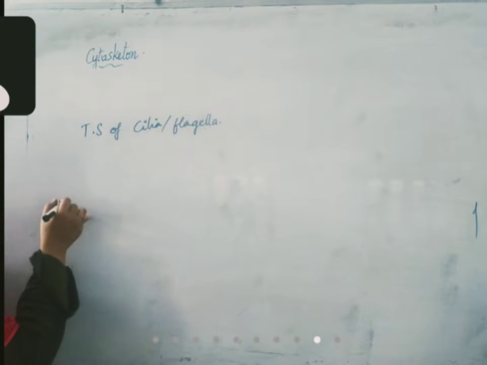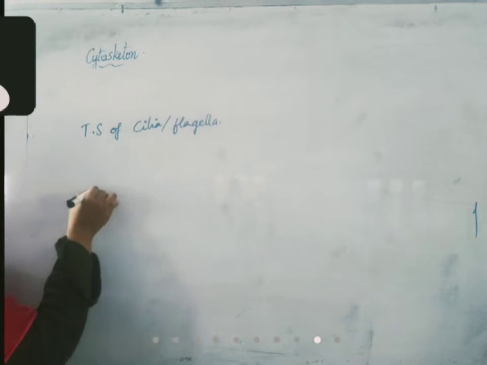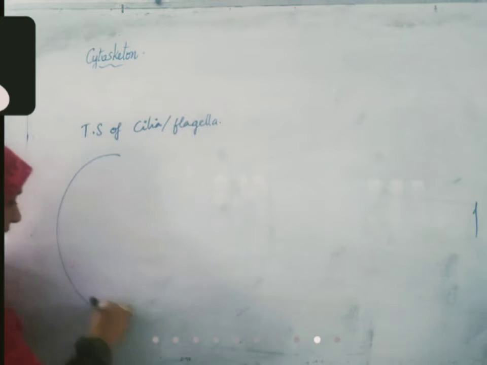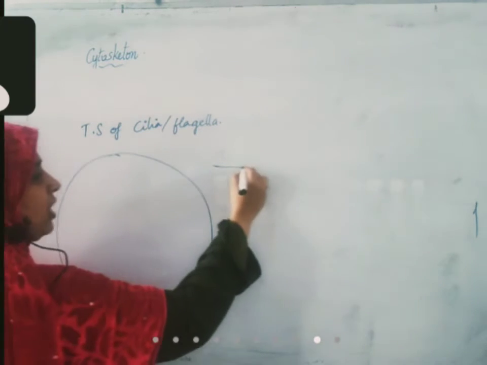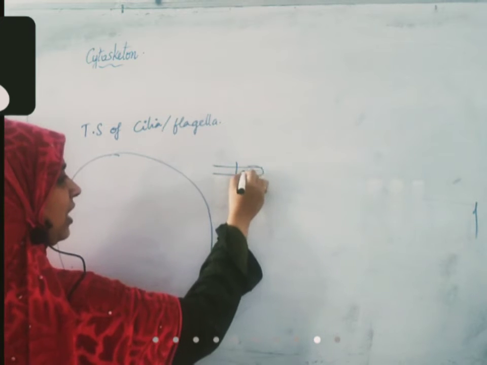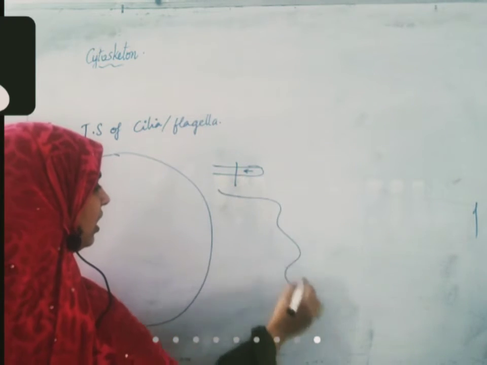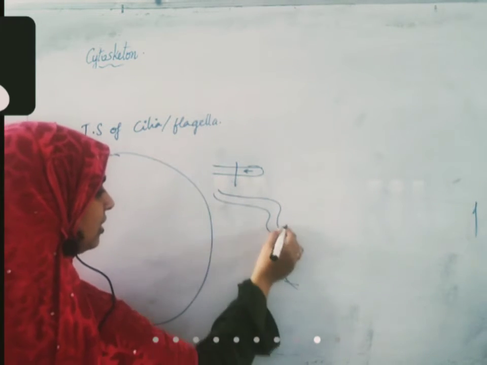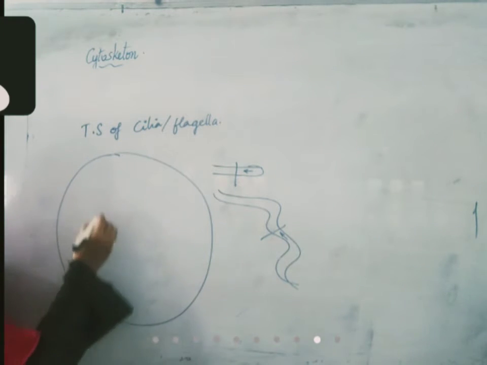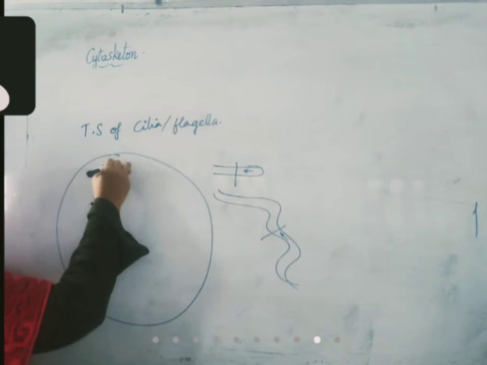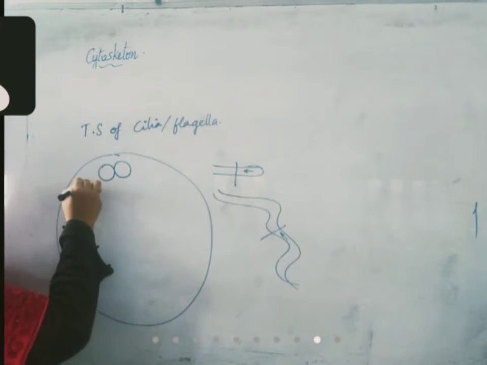If you take the cilia or flagella, the TS is a circular structure. That means if you take cilia and cut like this, or cut flagella somewhere in the middle, you observe that there are 9 doublets of filaments arranged.